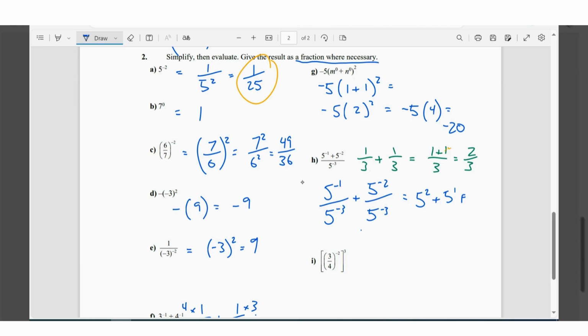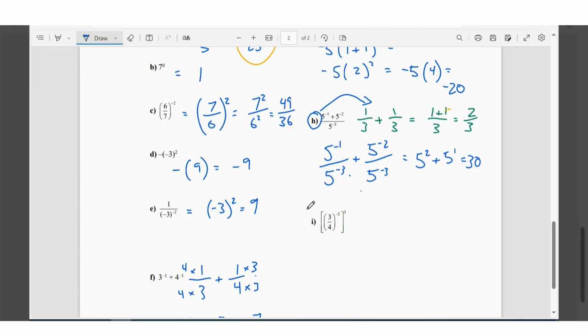Then we just have 25 plus 5, so 5 squared plus 5, and that equals 30. So this one I think could be easy to get pretty tripped up on, but try to think about the way that we add fractions, and then use our exponent laws when we get to that step.